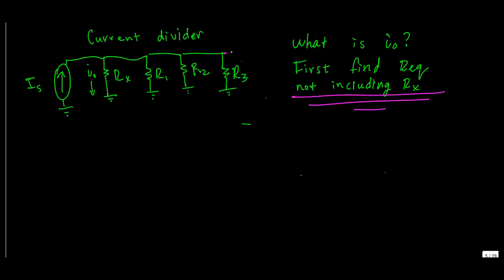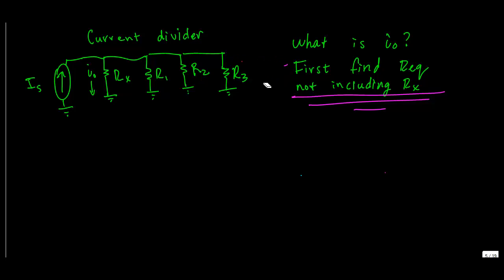For example, if we had another current that was also taking away from the source current, we would have to take the difference of IS minus, if we called this one IZ, minus IZ, and use that as the current source. The new current source would be that. But that's jumping ahead of myself. So let me go ahead and explain what we need to do first.